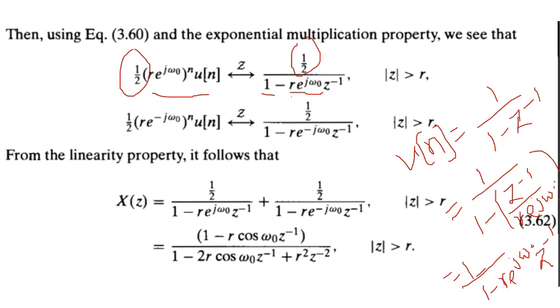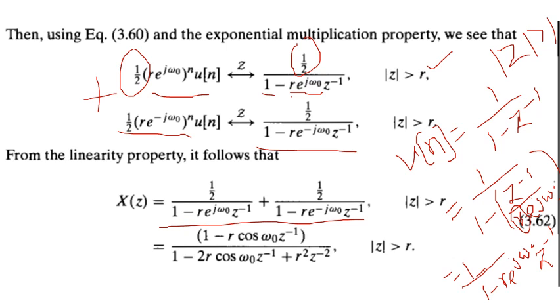The region of convergence was mod z greater than 1, but now it will be scaled with this r. Likewise for the second, our z transform is 1 divided by 1 minus r e raised to power minus j omega naught z inverse. Adding these two gives our z transform. This is just simplification, taking the LCM and then solving. The overall region of convergence will be mod z greater than r.